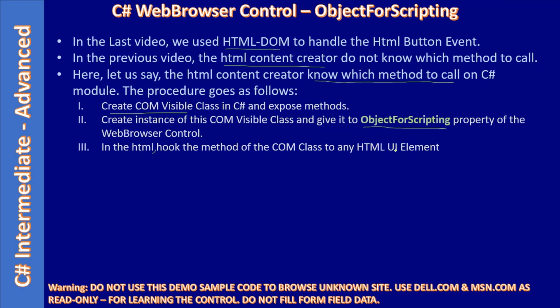Any HTML element event, say for example for a button on click, and for a text box on mouse over, mouse pressed, mouse released. So any HTML UI event, you can hook to the C# domain using the class instance exposed methods.